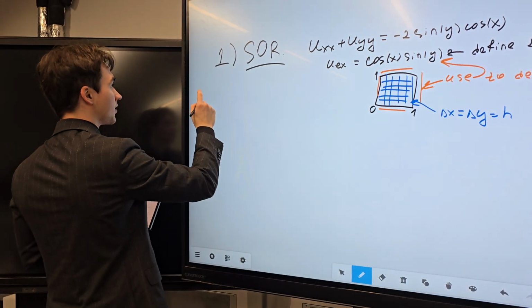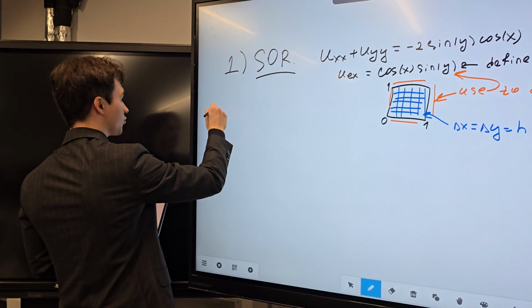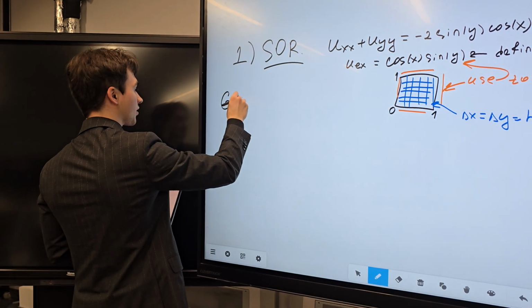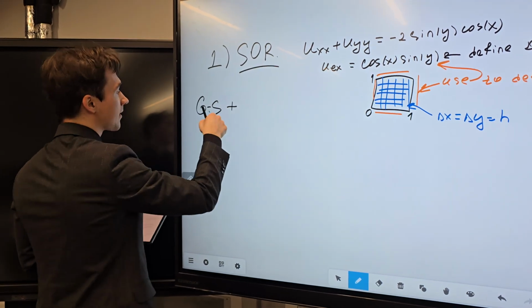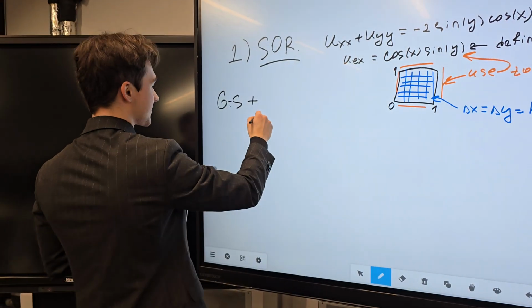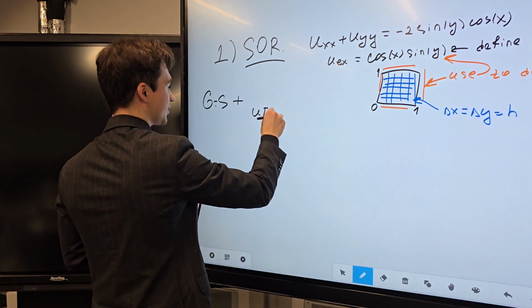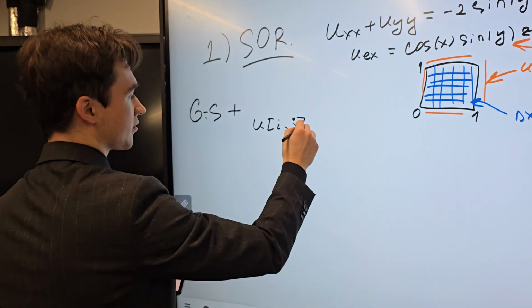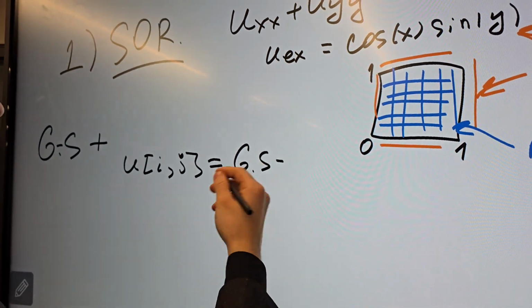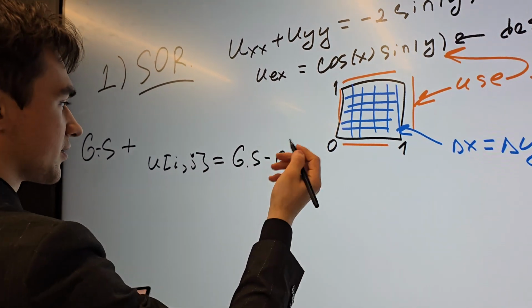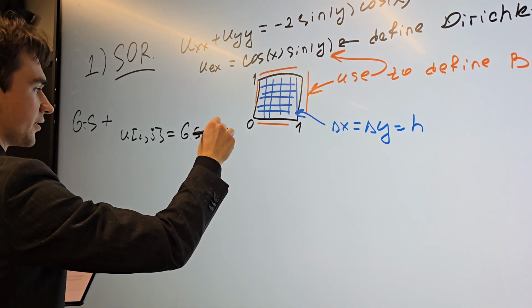And the SOR method is actually, you just use Gauss-Seidel, and here will be the usual Gauss-Seidel. I don't want to write it because it's ordinary.